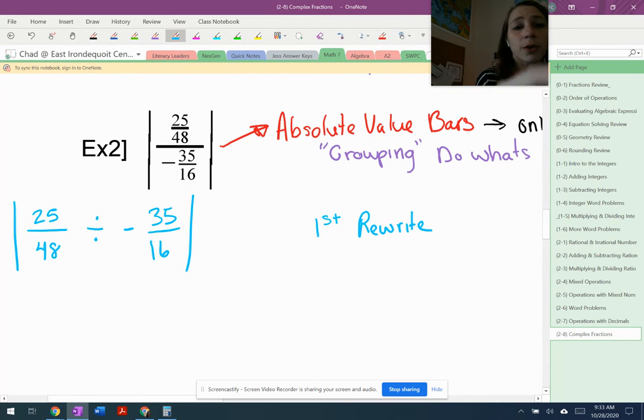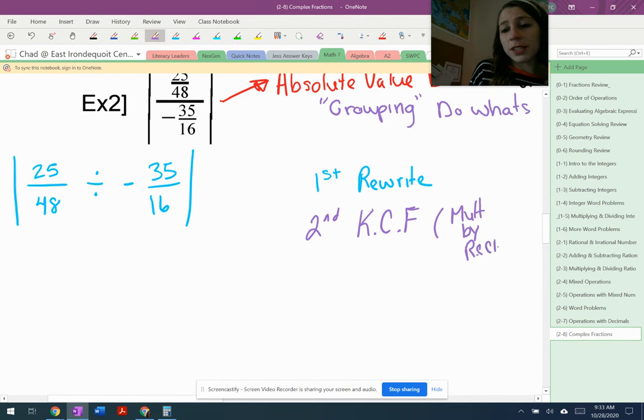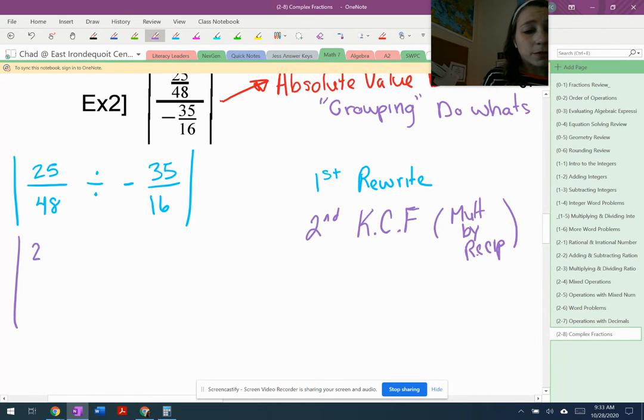So the next thing I'm going to do is I need to rewrite that using those division rules. So second, I'm going to do that keep, change, flip, or that multiplying by the reciprocal. So again, keeping those absolute value bars because I haven't done anything with them.